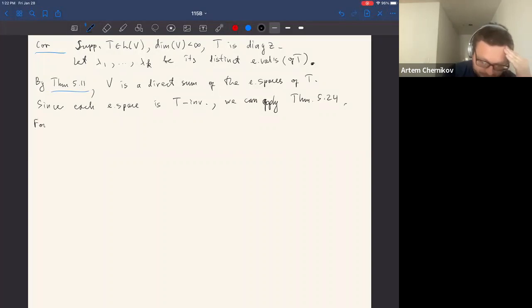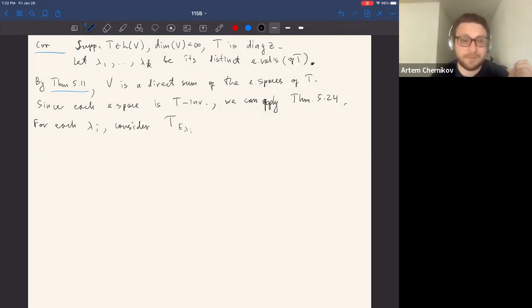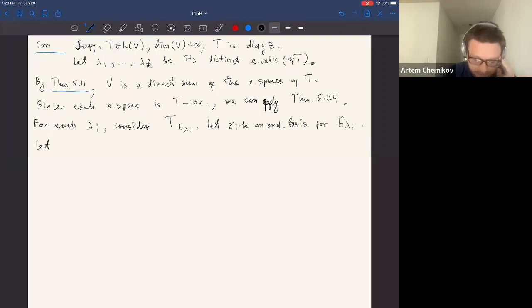Okay? So for each eigenvalue lambda I, we consider T restricted to the eigenspace corresponding to this eigenvalue, E lambda I. And let gamma I be an ordered basis for this eigenspace, so for E lambda I. So everything is finite dimensional, so let's denote these dimensions by mi.